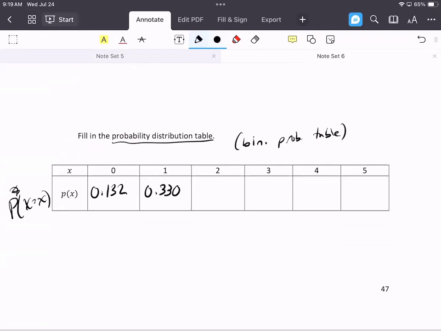Some of these we've already done. The rest of them, though, I urge you to practice to make sure you know how to do these calculations. The total of the probabilities to be valid has to be 1, and there are no negative probabilities, and each of the probabilities is between 0 and 1 inclusive. So, looks good.